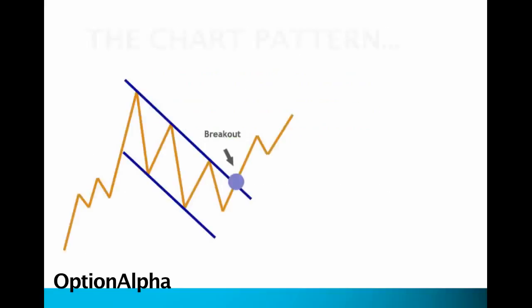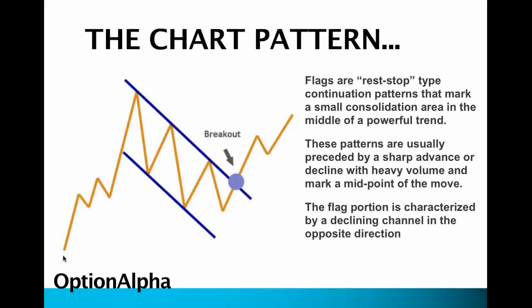But basically what we're talking about here, if I go back, is that from the base in the beginning of the move all the way to the top of the first area of consolidation, you can measure that same distance from the breakout to whatever that point is on the chart, and that's usually what your price target is going to be. It's going to make about the same move that it made before it started to consolidate, which is why I call it the rest stop. It's just stopping halfway in the middle point of a powerful trend and then continuing to move higher.